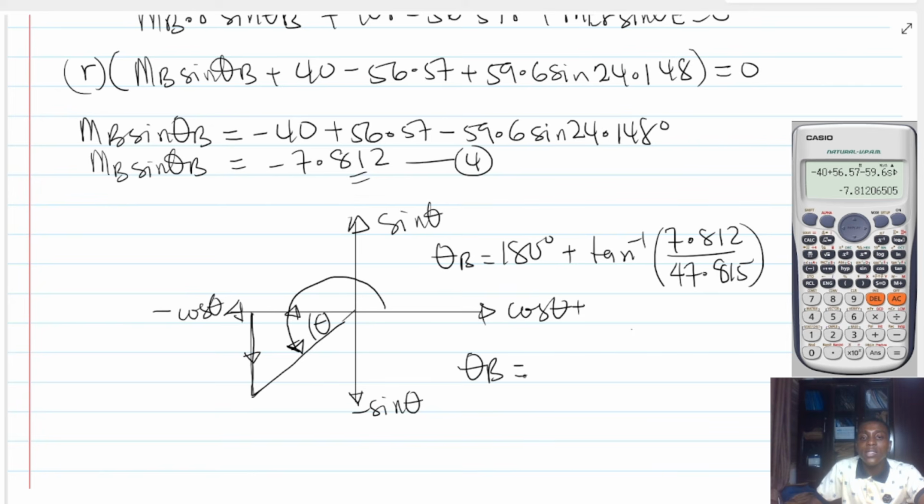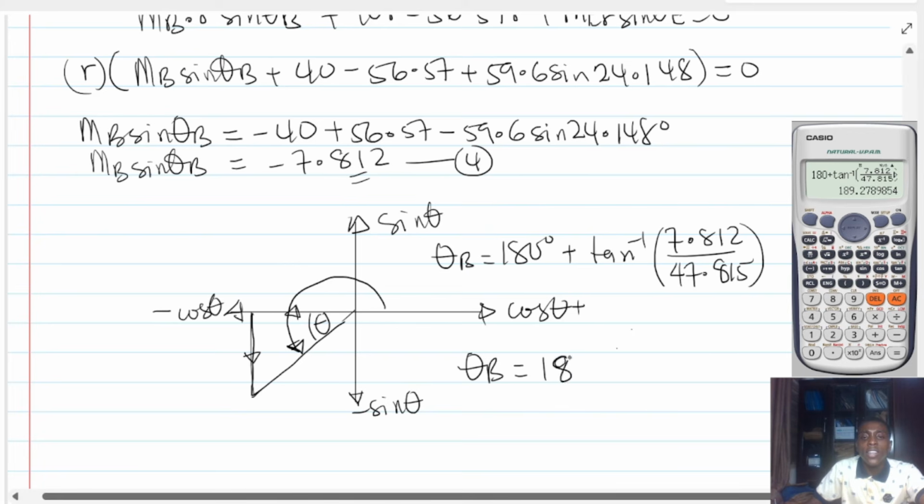In other words, theta B is going to be 180 plus the tan inverse of 7.812 divided by 47.815. And what is that? So that's going to be 189.28. So that is actually theta B.